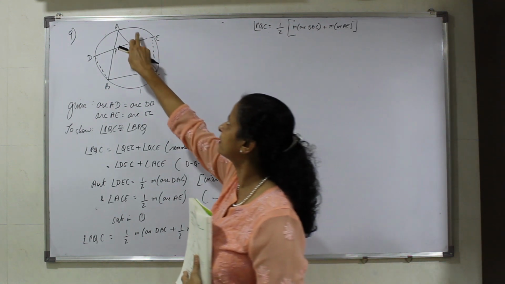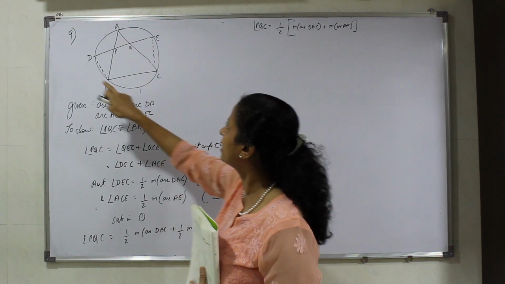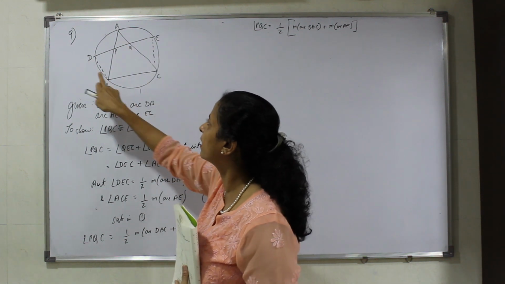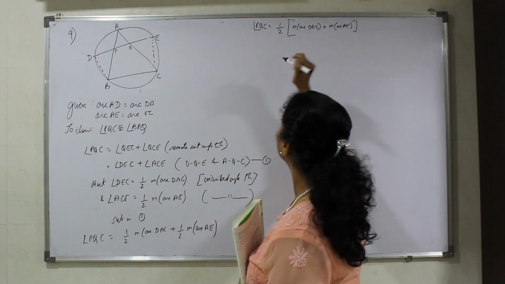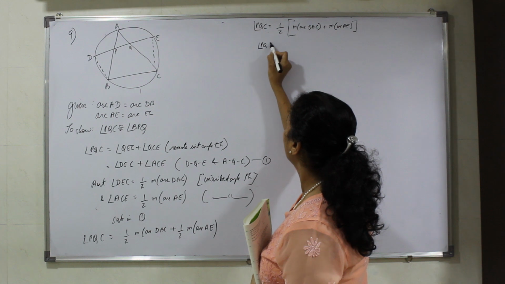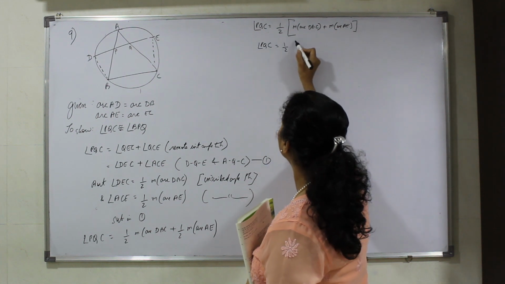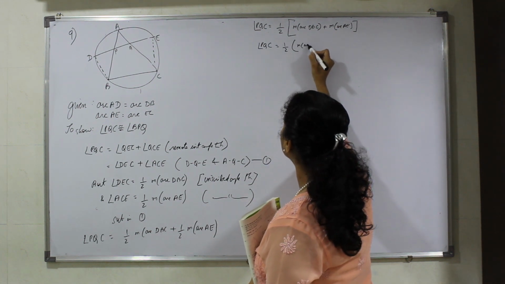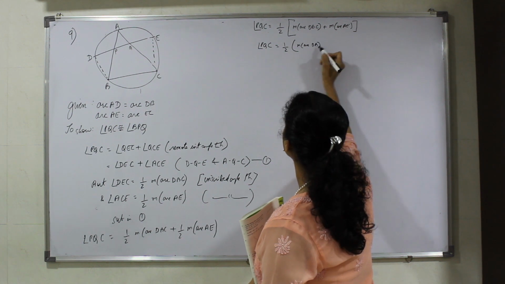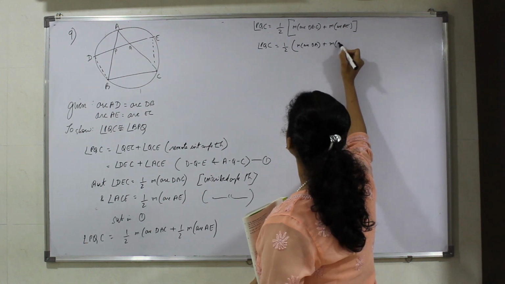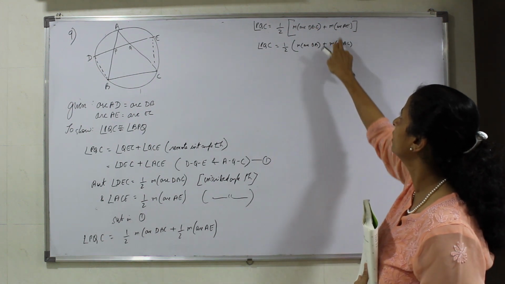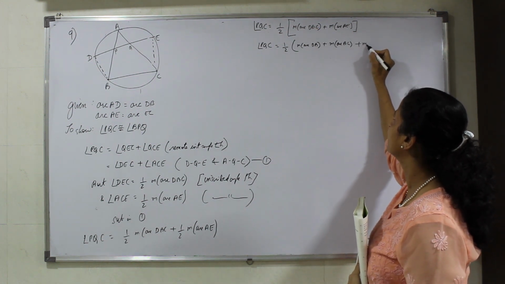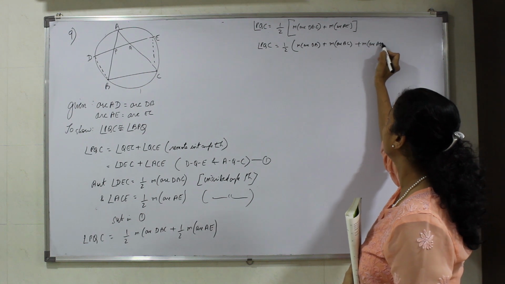Now, if you look at AE, it is a small arc, but the arc DBC is a big arc made of the arc DB and BC. So we split it up here. So we have PQC is equal to half measure arc DB plus the measure arc BC. That is, this DBC is split up into these two, and we continue plus the measure arc AE.